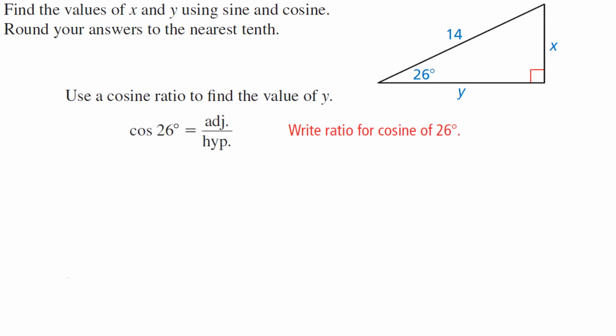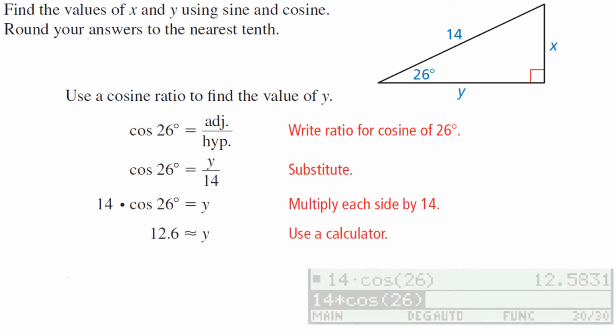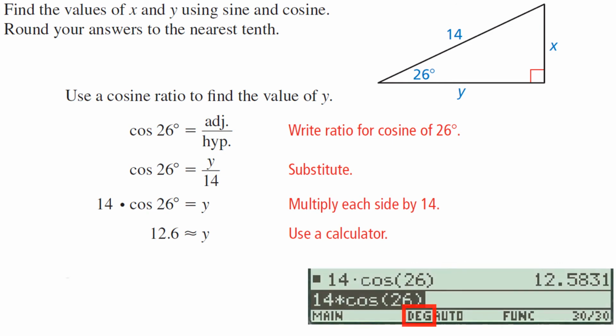Adjacent over hypotenuse goes with cosine. So the cosine of 26 degrees has to be y over 14. So 14 times the cosine of 26 degrees has to equal y. Come up with about 12.6. Again, with a calculator, make sure you're set for degrees. And the value of y is about 12.6.